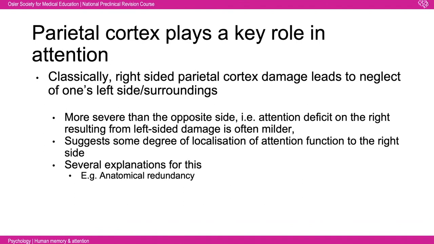There are lots of explanations for this. It definitely suggests that there's some degree of localization of attention function to the right side, because that's where the lesions really lead to neglect. And neglect is something we'll delve into more later. But it might be that there's also some degree of anatomical redundancy explaining this.